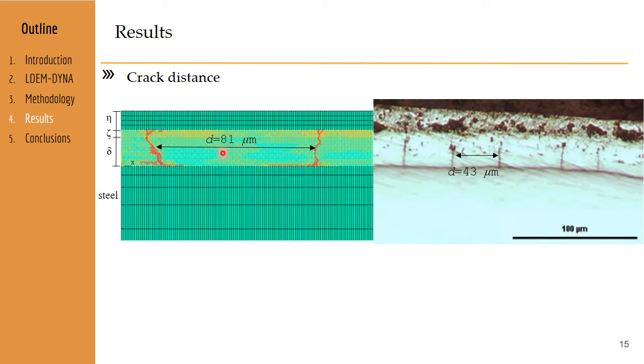The orange region represents the region where the bars are damaged, and the red region represents the bars that are broken. So we can observe that here in the middle of these two cracks, we have a region where the bars are damaged. So it's probable that when we apply a bigger displacement, we have a third crack in this region.